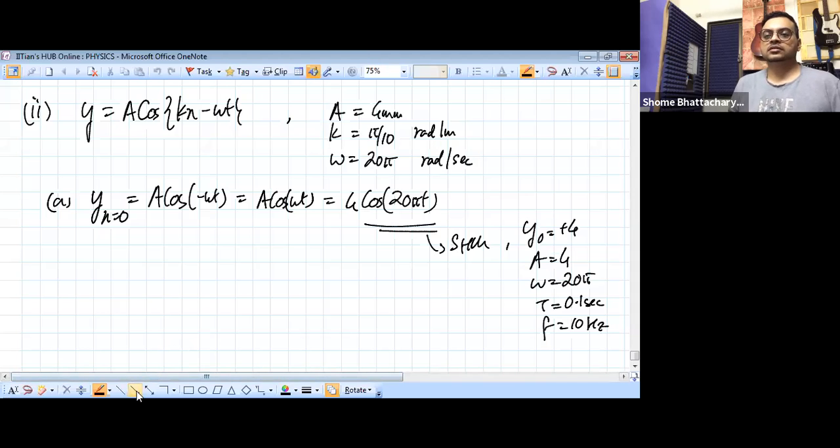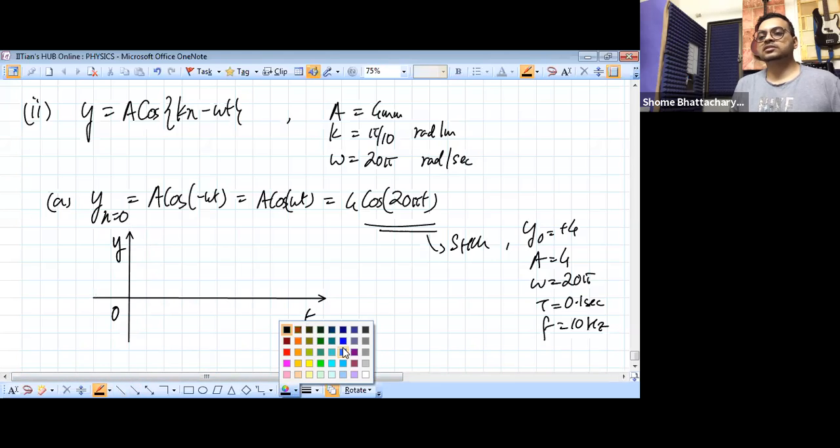So we can see that the particle located at x equal to 0 is an SHM with these properties. So this is y versus t for that particular particle which is located at the position x equal to 0 on the x-axis.